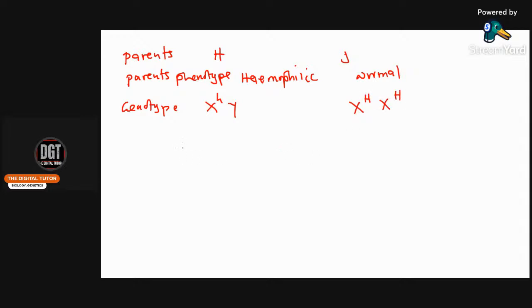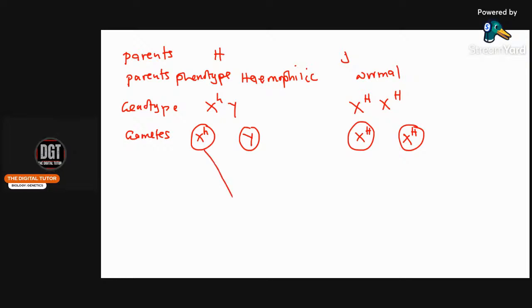Okay. Then now, if we're to look at them in terms of gametes, the gametes will be X^H, then Y. Then here will be X^H, then X^H.